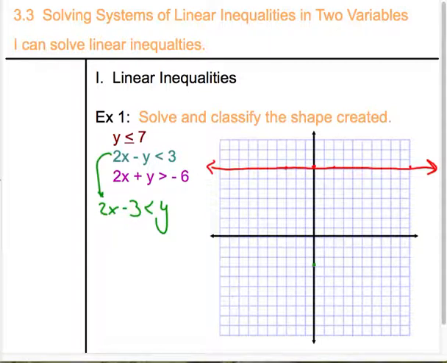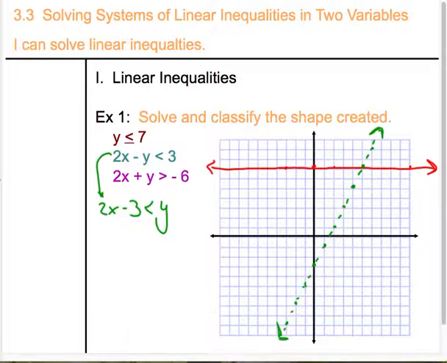And then my slope is a positive 2, so I'm going to go up and to the right. And of course I want to extend this until I can see where my lines meet. But I want to extend it the other way as well because I don't know where it will intersect that third line. Also, this line is dotted because it's just a less than symbol. And don't forget arrows at the ends of your lines.